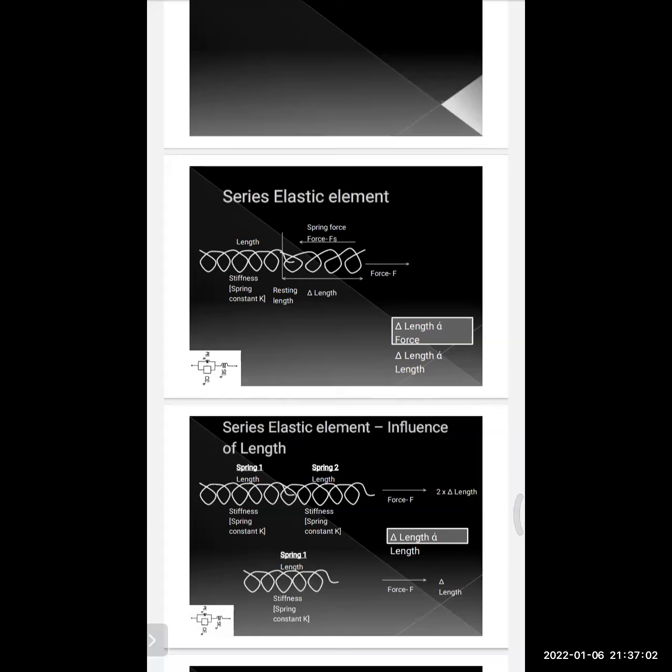That's the X component, or the deformation component. But when you have two springs attached to each other, then the total length will determine the amount of force being generated. Clear? So when you attach a tendon to the muscle, it's going to pull you back with a greater amount of force.